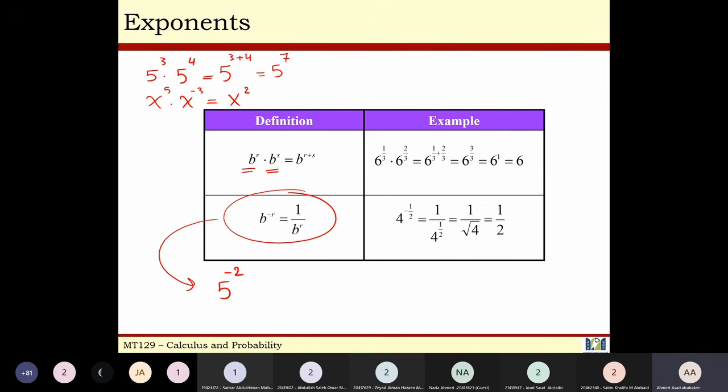We must convert this to a positive exponent. نحول الأس من سالب لموجب. تمام؟ كيف؟ بنغير موقعه من المقام للبسط، من البسط للمقام، عشان نغير إشارة الأس من سالب لموجب. الخمسة ما بتتغير إشارتها، أنا بغير الأس بس. And we can find 1 over 5 square equals 25.